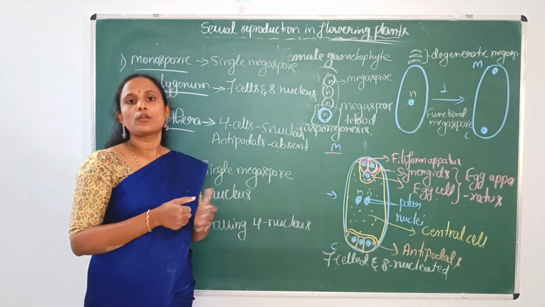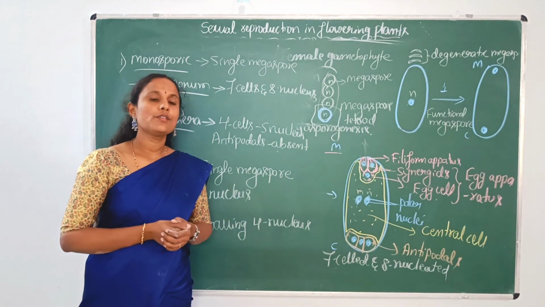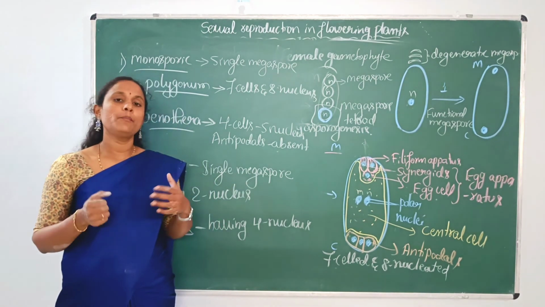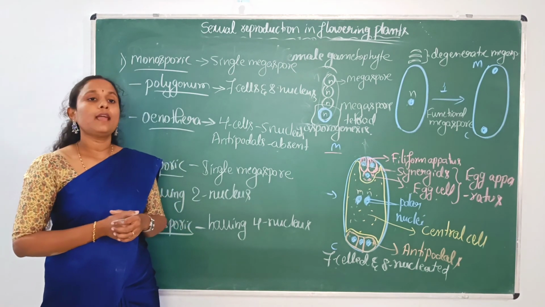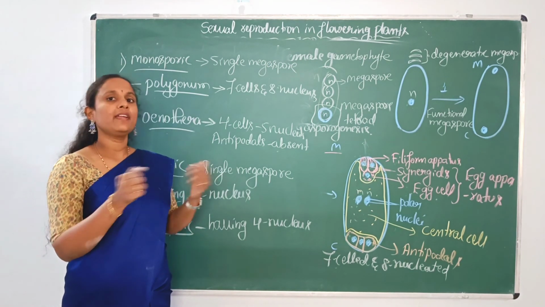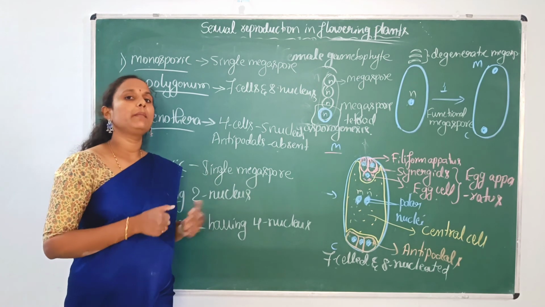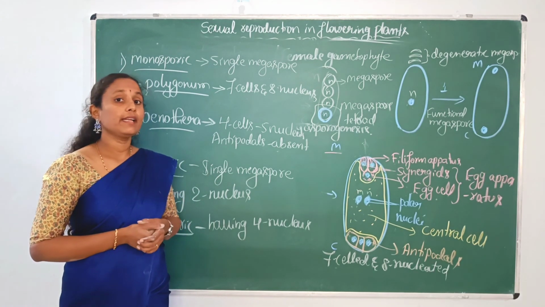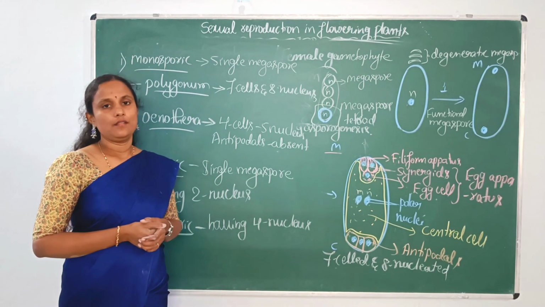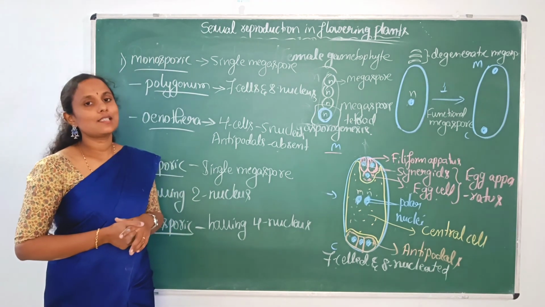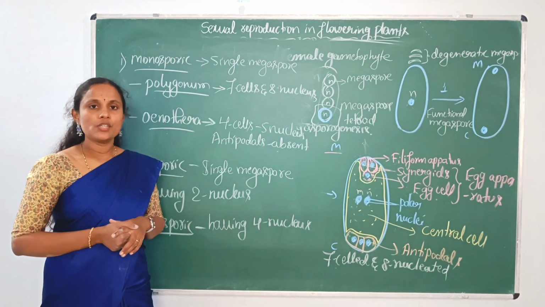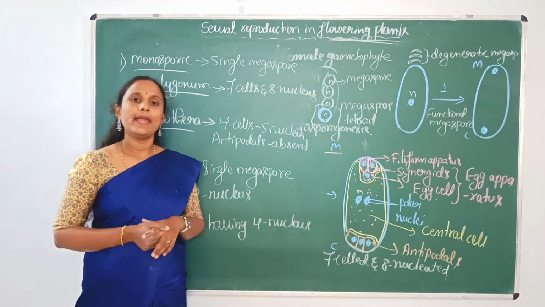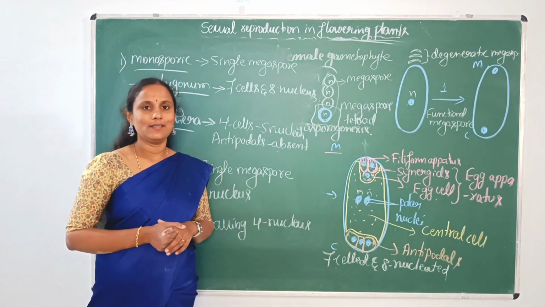But they have to be brought together. To do so, some external agents or some process is involved, and that process of bringing the male gamete and female gamete together in plants is called pollination. Okay. From next class, we shall discuss in detail pollination, types of pollination and agents of pollination.